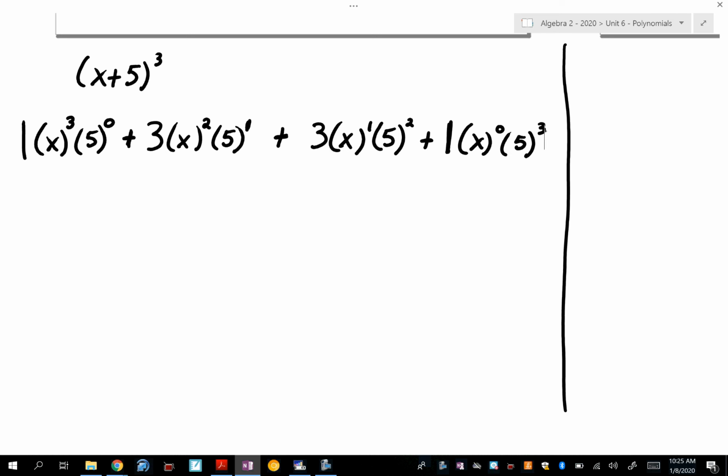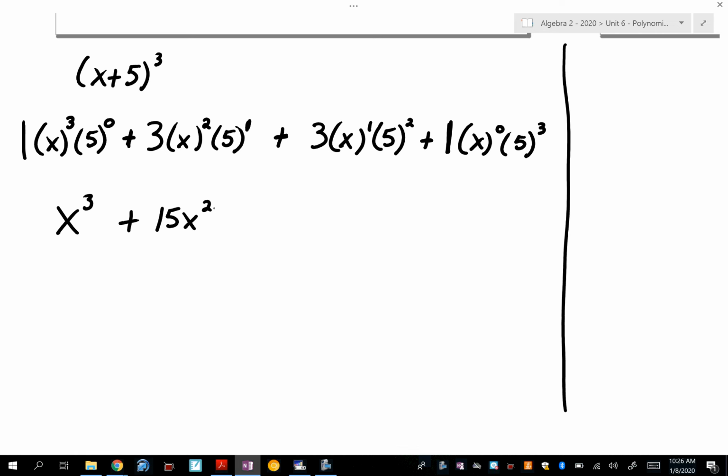What's x cubed? Right? X cubed. You found the first term, right? What is 5 to the first power? 5. What's 5 times 3? 15. And then what's x to the second power? So that's going to be plus 15x squared. All right, what's 5 squared? 25.